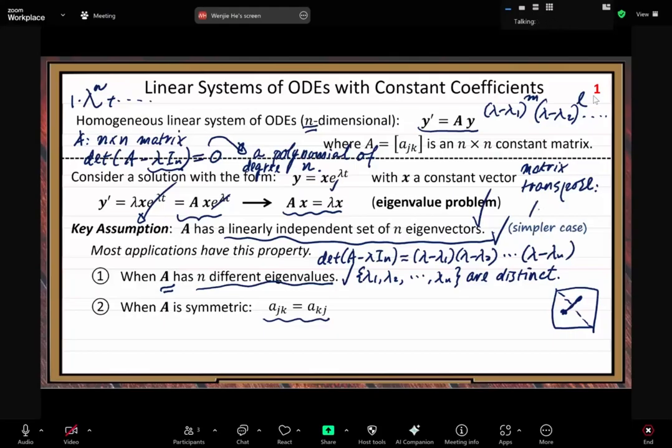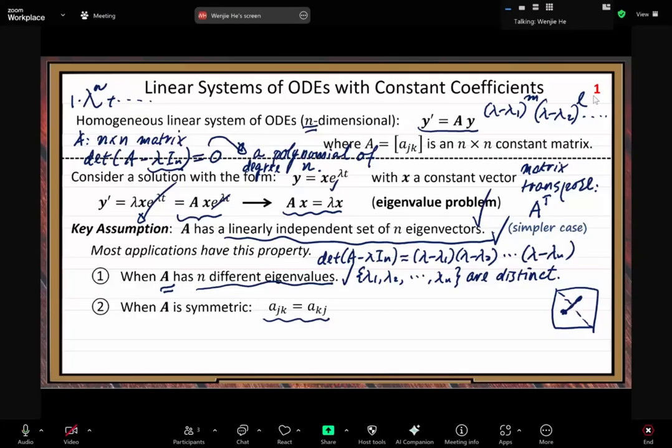Some people use a superscript capital T. Most people use capital T, but a small number of people use lowercase t.